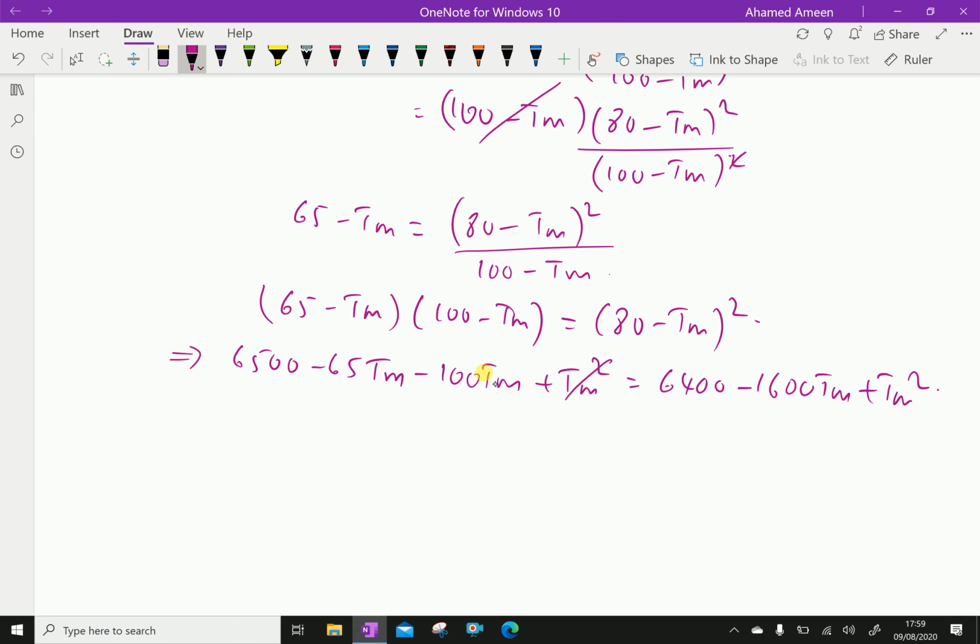Tm square cancels. Then collecting terms, 6500 minus 6400 is 100, and minus 65 Tm minus 100 Tm is minus 165 Tm.